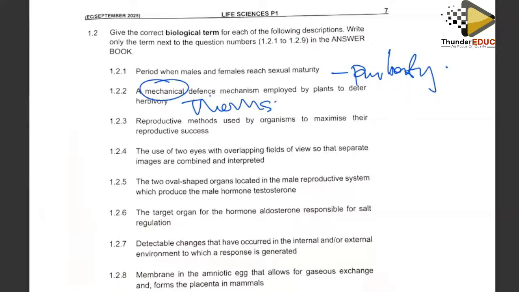Yes, it is a reproductive strategy. I don't know how they're going to mark it, but it's a reproductive strategy to maximize the reproductive success of the organism. So we can say reproductive strategy.